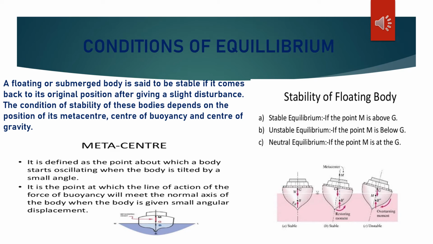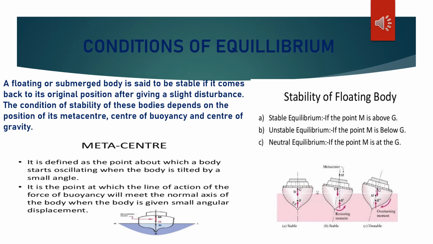Now, see this diagram: stability of floating body. Case A: stable equilibrium if the point M is above G. See the first diagram. Second one is unstable equilibrium if the point M is below G. And third one is neutral equilibrium if the point M is at G. So you can say that, number one, the weight of the floating body must be equal to the weight of the liquid displaced.